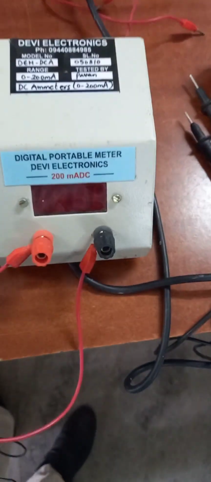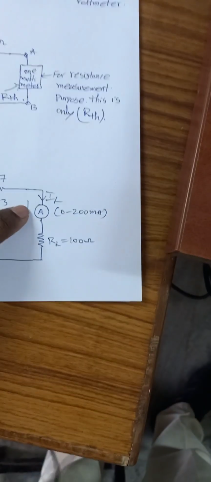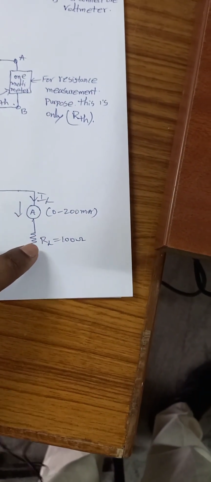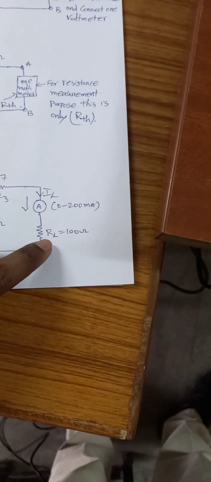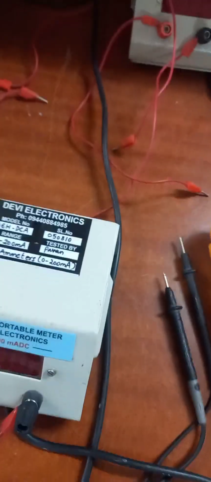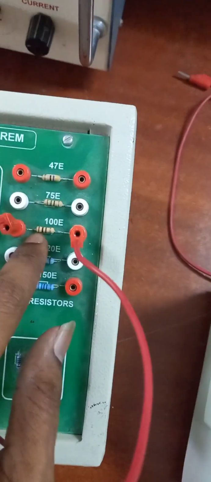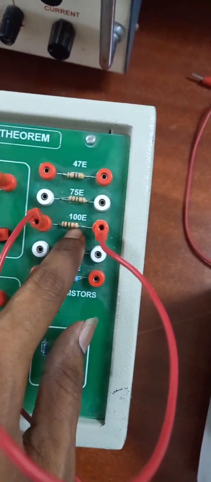So the 47 ohm resistance goes to the ammeter's first terminal, and the second terminal of the ammeter will be connected to the load resistance's first terminal. Already I said many times, here the load resistance is 100 ohms.